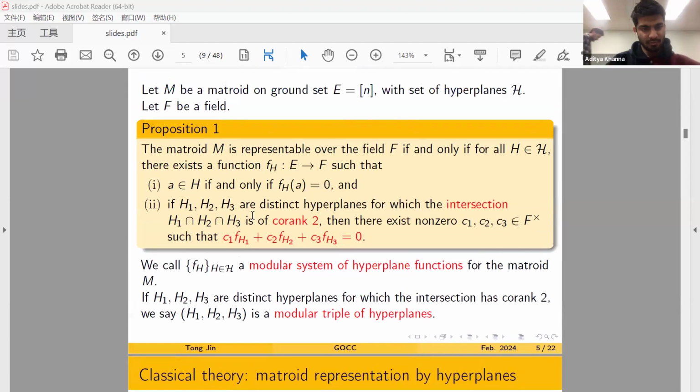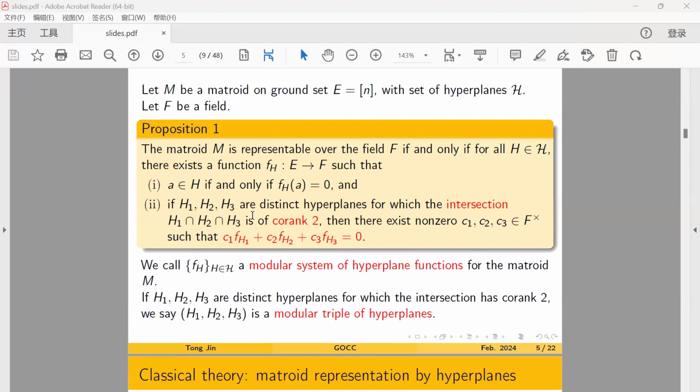Question. Yes, please. So H1 intersection H2 intersection H3 can be of at most corank 3? No, it can be any corank. For instance, if the matroid has a very large ground set and a small rank, then you can find a rank 0 intersection.